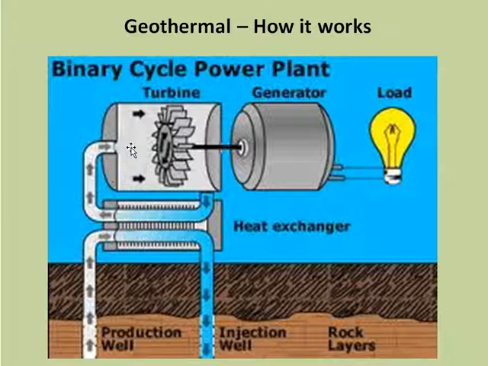Most any liquid will turn to steam when it's heated high enough, and they all have different boiling points. So if you use this binary cycle power plant, which is the most recent development, you can accept fluid temperatures as low as 57 degrees Celsius from this water coming up here. And that is enough to pass through this heat exchanger and heat a secondary fluid with a much lower boiling point than water, and this vaporizes and then drives the turbine.